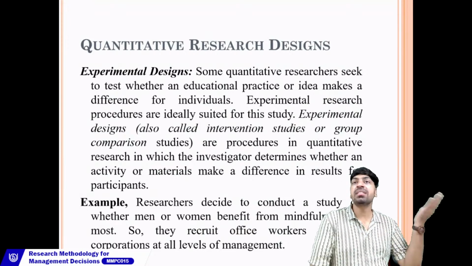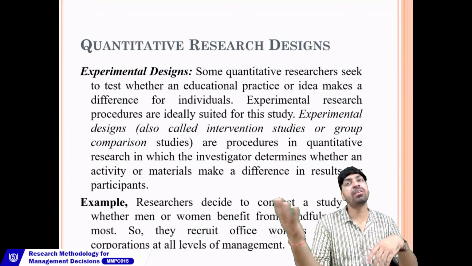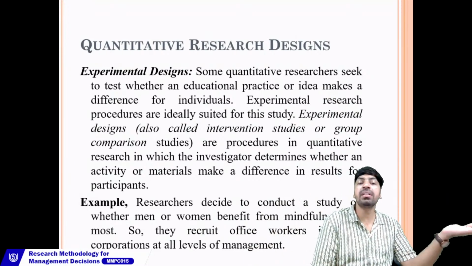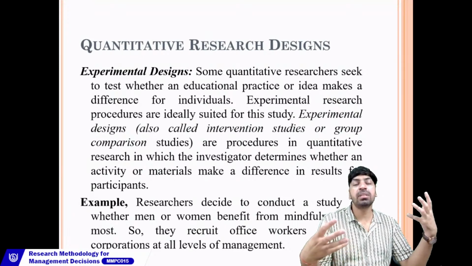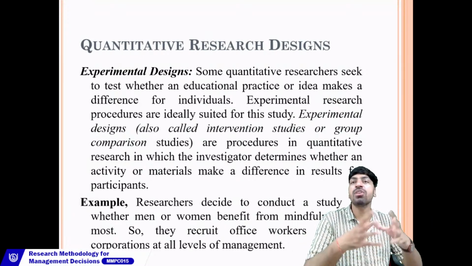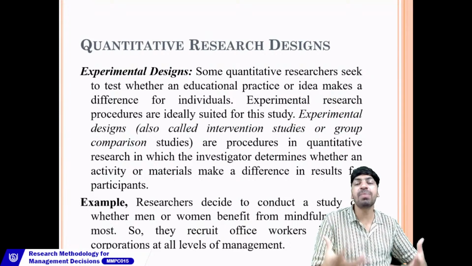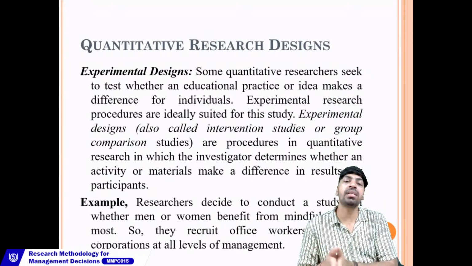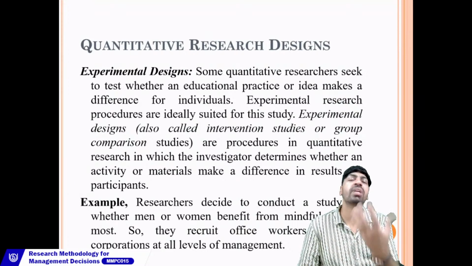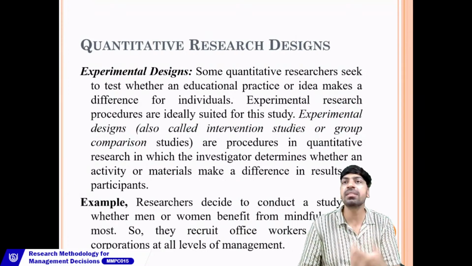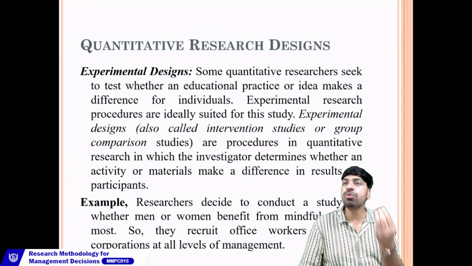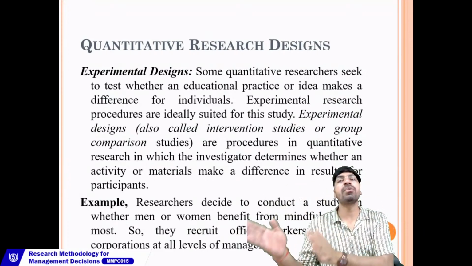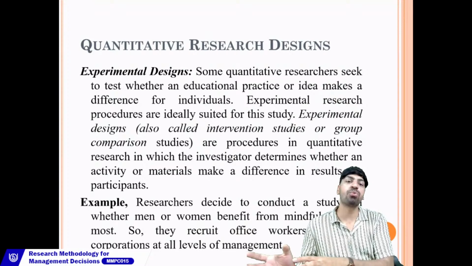So there would be an experimental group and a control group. The experimental group is the group in which a lot of issues or problems have occurred. Then we take the action, that is the intervention: giving some treatment, some medicines, some solution, so that the problem and issues are controlled.